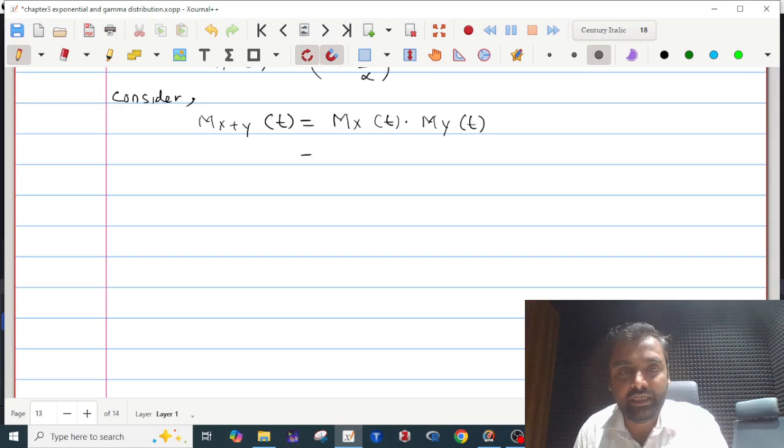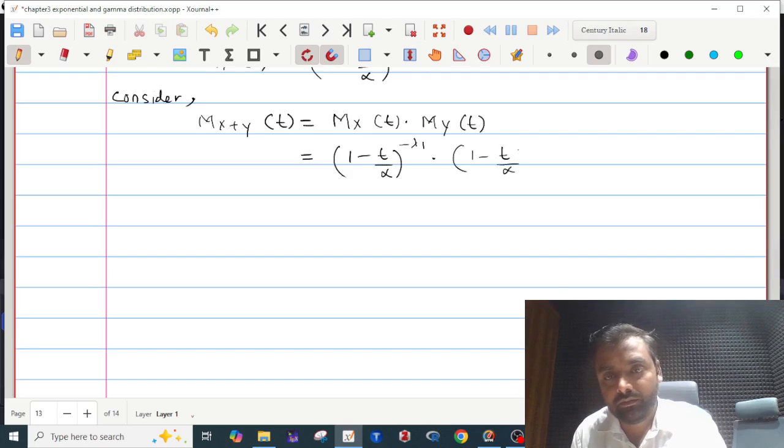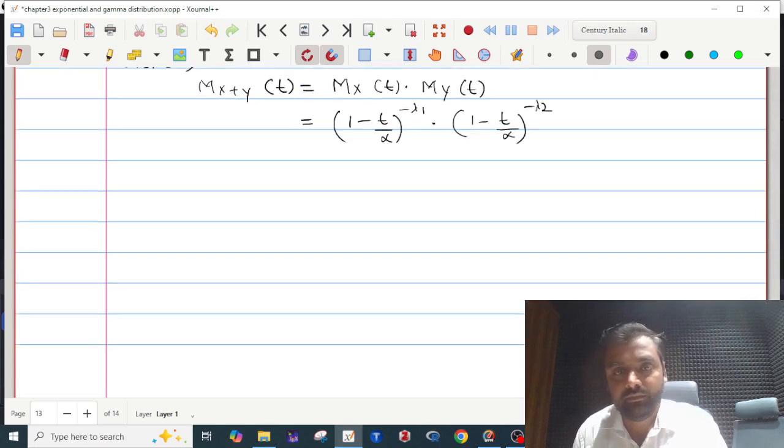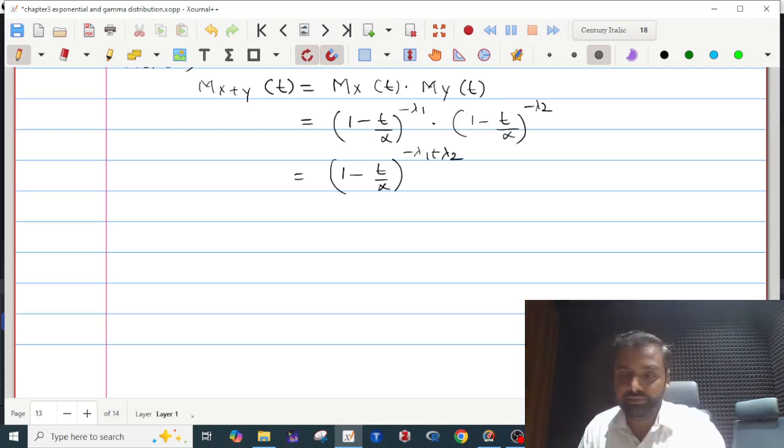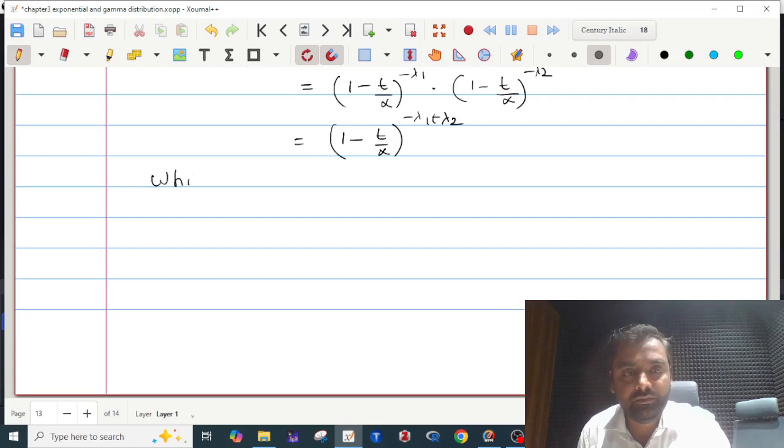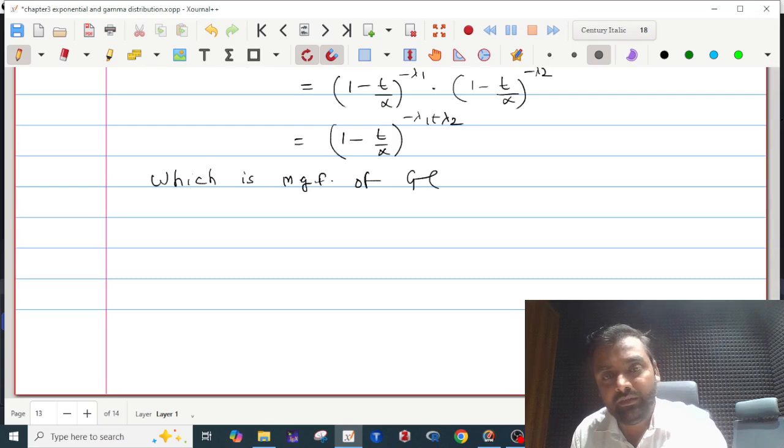Just put the values of MX(t) and MY(t) here. We will get 1 minus t upon lambda, to the power minus (alpha 1 plus alpha 2), which is the MGF of gamma distribution with parameter alpha, lambda 1 plus lambda 2.